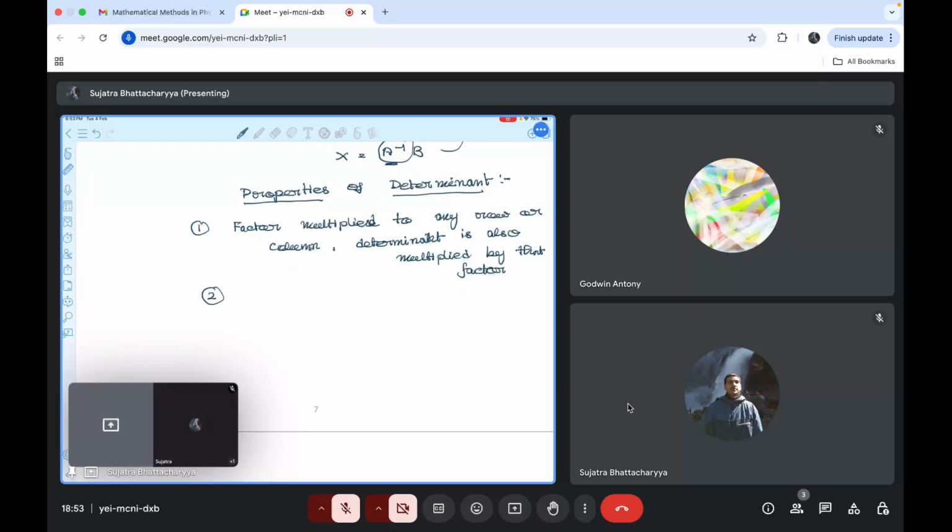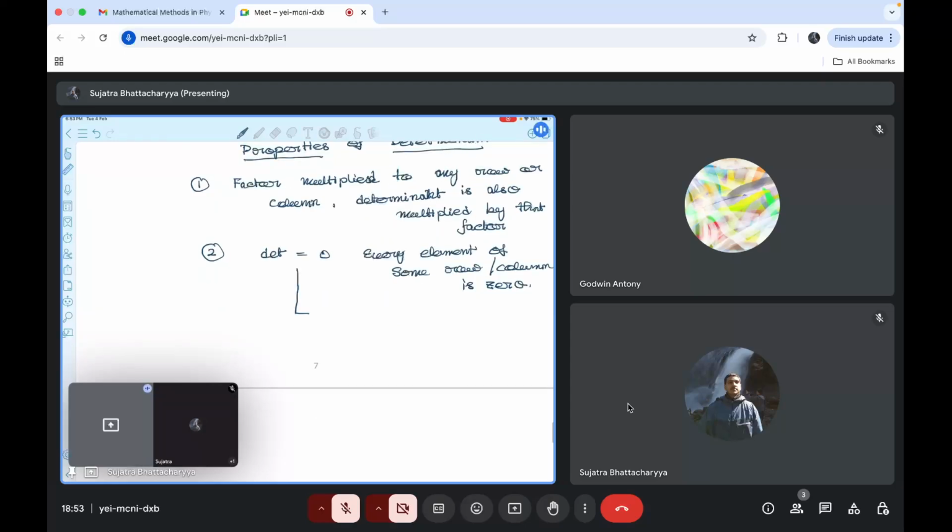Number two: the determinant is 0 when every element of some row or column is 0. If every element of a particular row or column is 0, then the determinant is also 0.